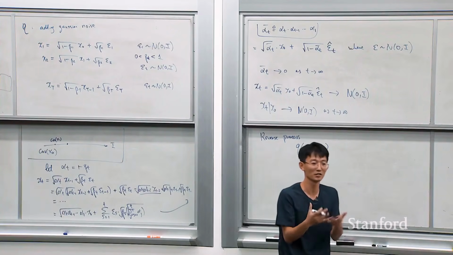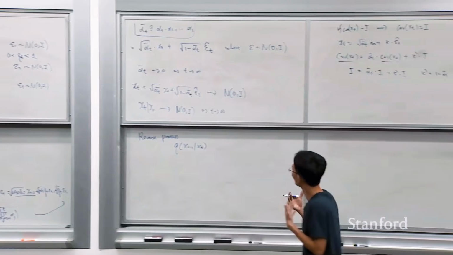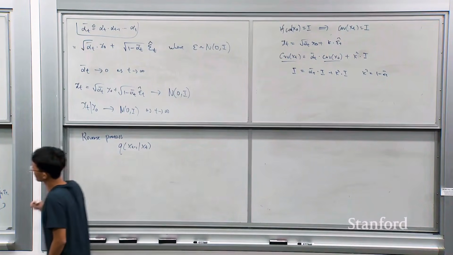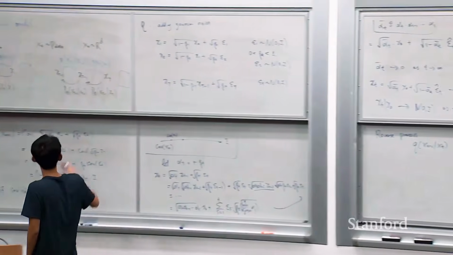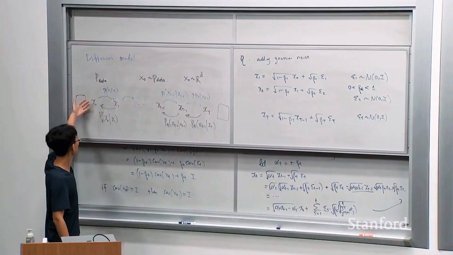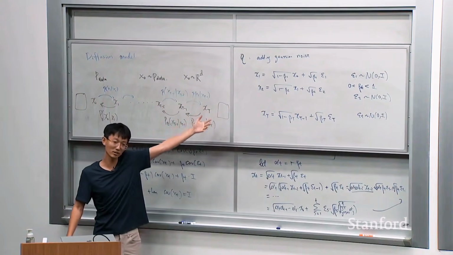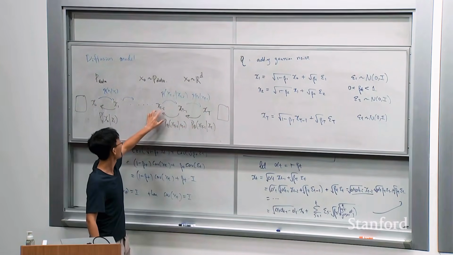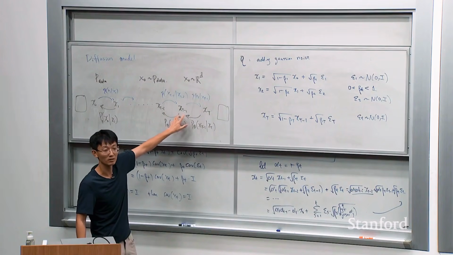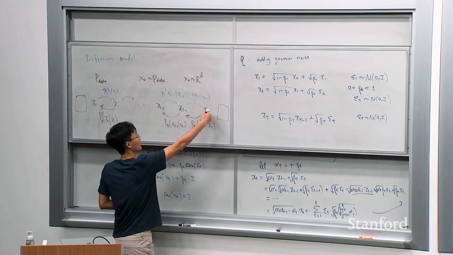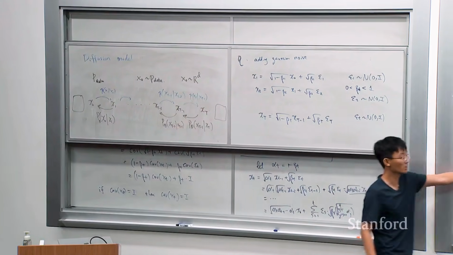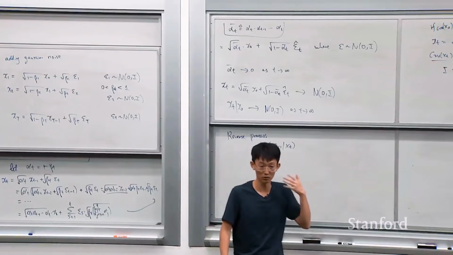This process exists, but you don't know it. Also, here when I'm writing this, I'm already using the fact that the reverse process is also a Markov chain. This is a fundamental fact about Markov chains: if one direction is a Markov chain, the other direction is still a Markov chain. So xt-1 given xt is independent of everything else. If you know the true q, you can just keep sampling from this quantity to revert the process.